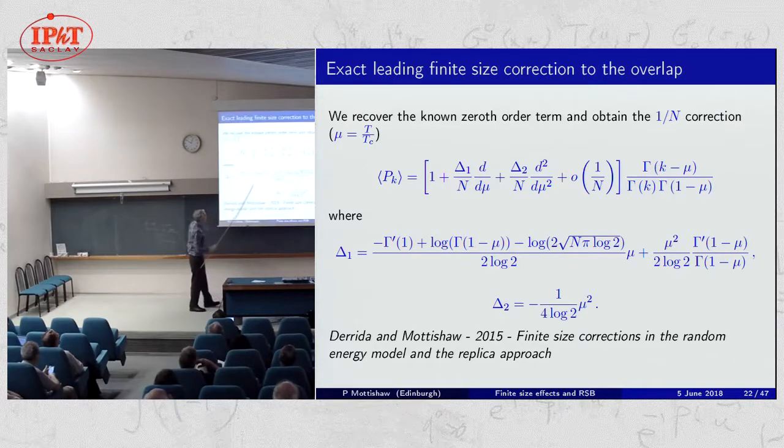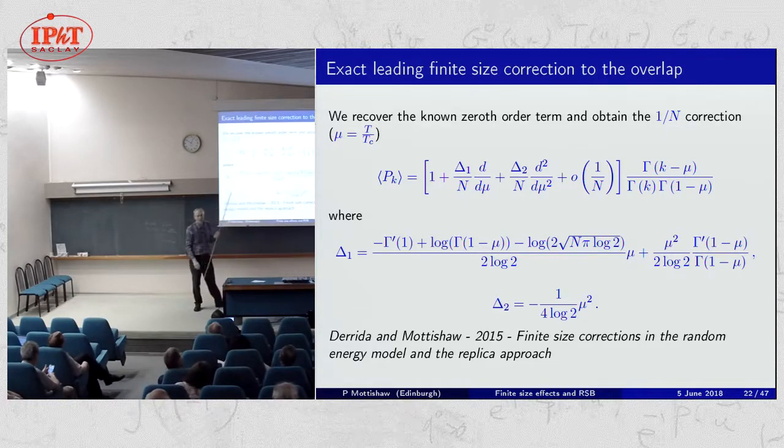What we've managed to do is re-express this as the first and second derivative with respect to mu, which is the block size, of this expression, with some higher order terms. Obviously these expressions are very complicated, but from a replica point of view, you can see immediately that if it is of this form, then you can think of this as a shift in mu, and this as a fluctuation in mu.